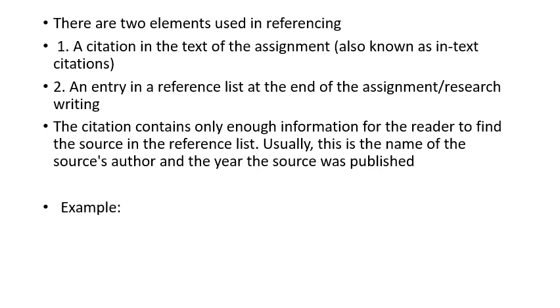Now, usually this is just the name of the source's author and the year, or the source page, or the year it was published, and so on and so forth. So the point is that the in-text citation is a pointer to the reference list. It directs you to more detailed information about the source, and the details of that source are given in the reference list.